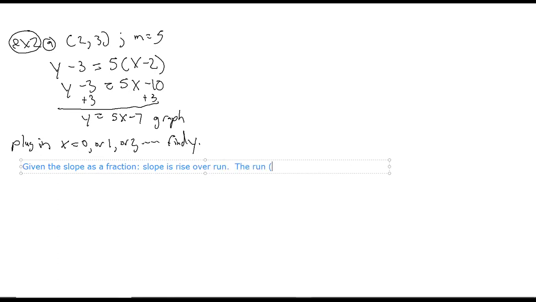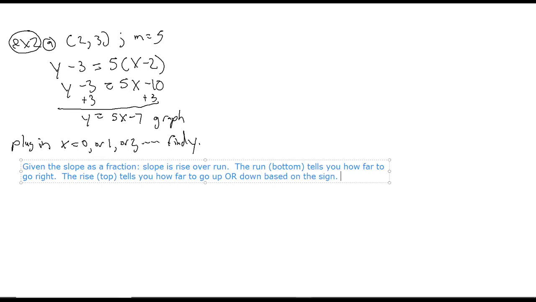The run, i.e. the bottom, tells you how far to go right. The rise, in other words, the top, tells you how far to go up or down based on the sign. So slope as a fraction is rise over run.